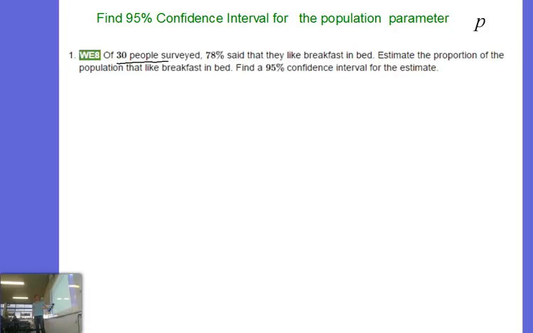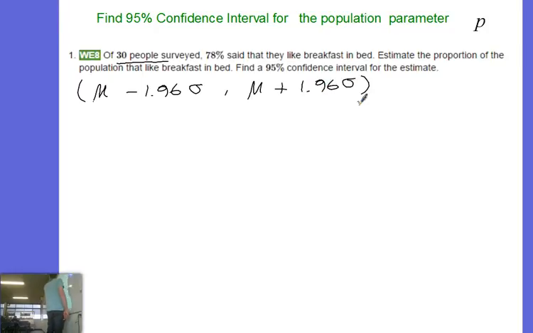So we've got 30 people surveyed. 78% said that they like breakfast in bed. Estimate the proportion of the population that like breakfast in bed, and find a 95% confidence interval for that estimate. The general structure for a confidence interval is the mean minus 1.96 standard deviations to get the minimum, and the mean plus 1.96 standard deviations to get the maximum.